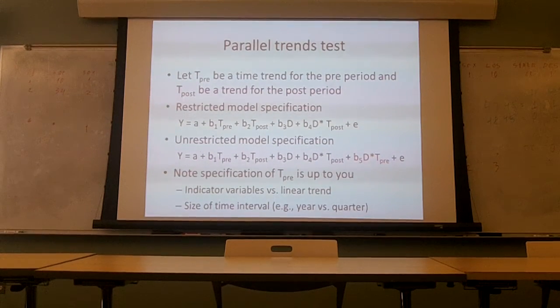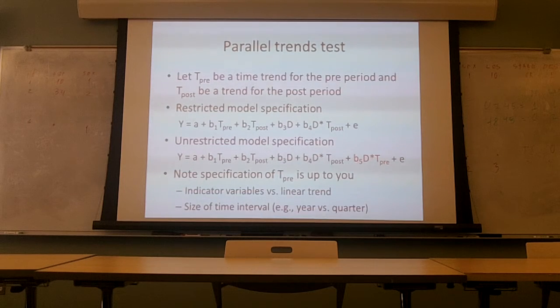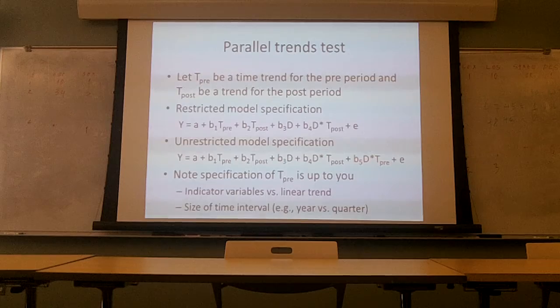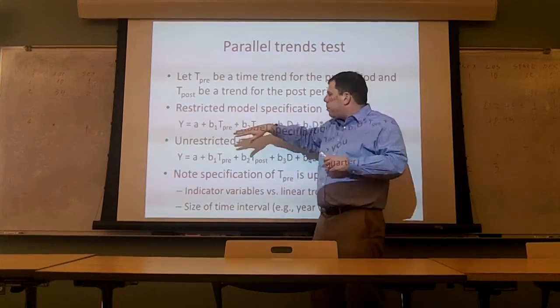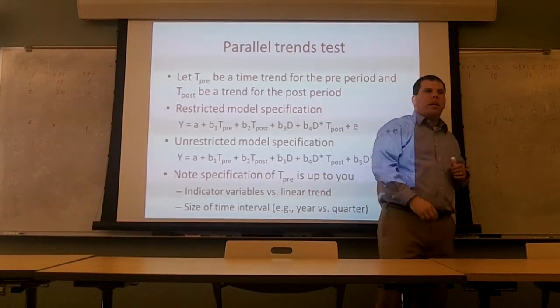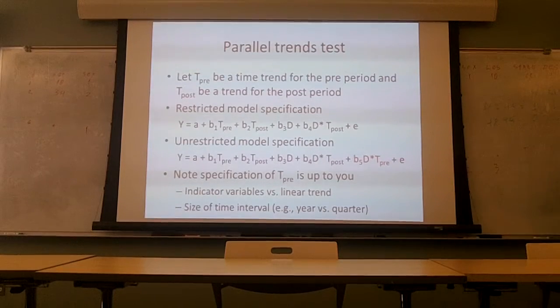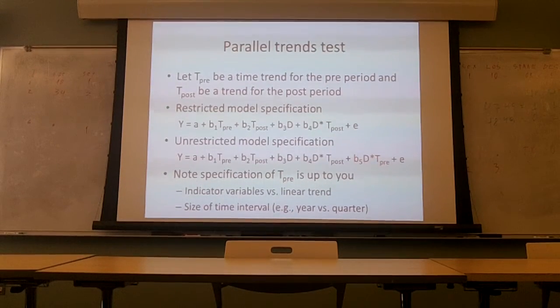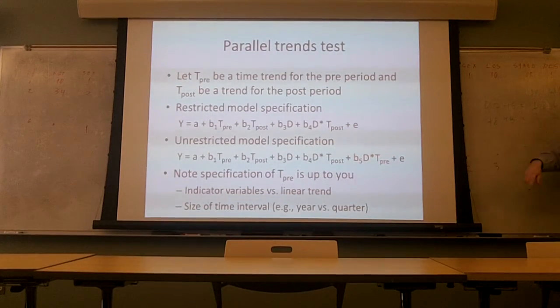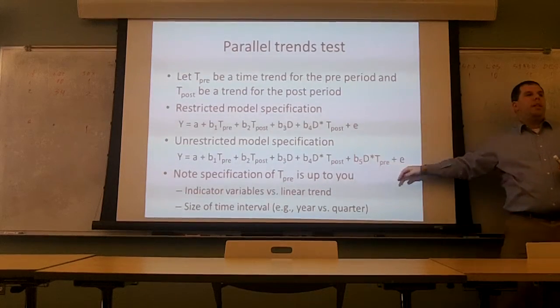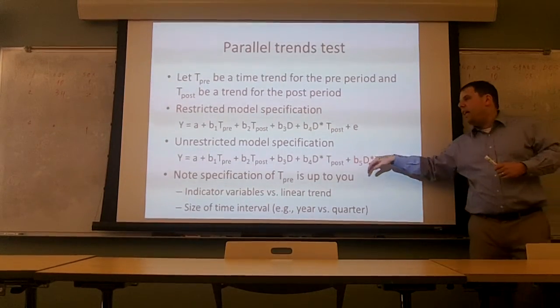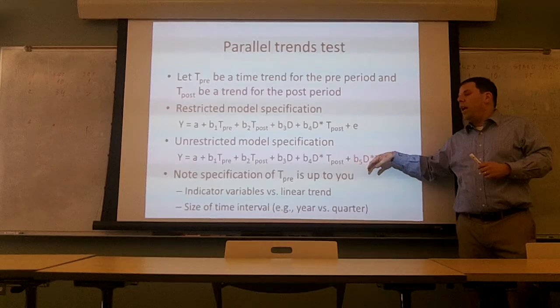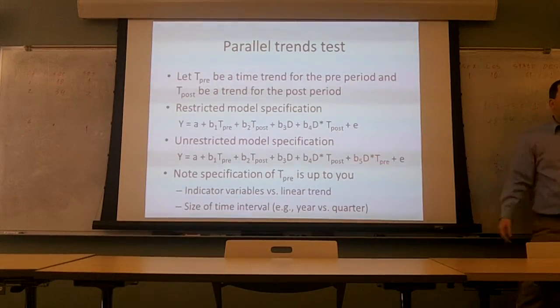We want to know whether or not these two lines are parallel to each other. In the restricted model, we're not letting them be different. We're estimating an average point in the middle of them, right there, whatever that is. By adding the interaction term, we're letting them deviate from each other. We're letting the data tell us whether or not they deviate significantly.